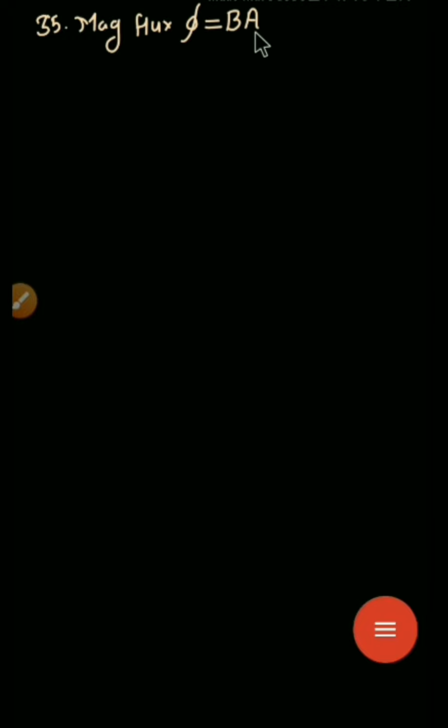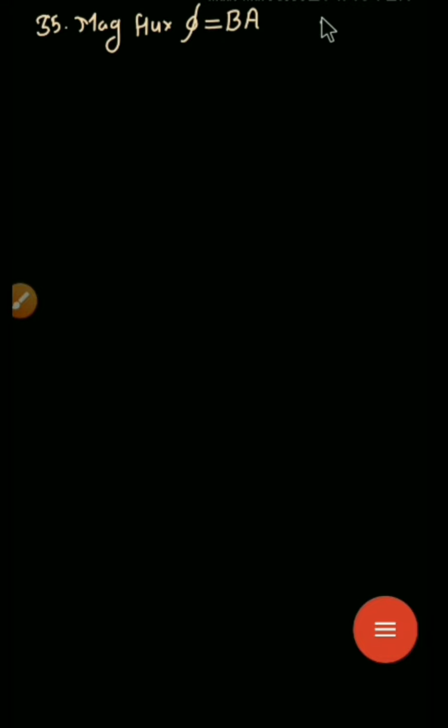Next physical quantity we'll take is magnetic flux. So magnetic flux is denoted by phi, which is equal to B into A. Here A is area of cross section, B is the magnetic field strength.